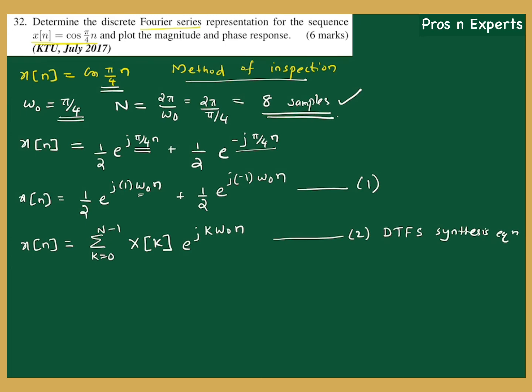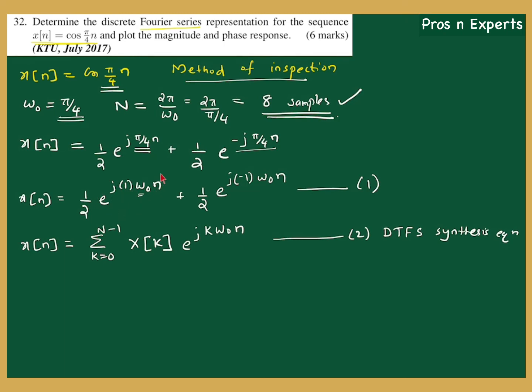Now let us start the inspection. What we mean by inspection is you inspect the RHS of both these signals, because you're getting x of n from the LHS, the same x of n, so the RHS should be equal. So in the RHS of the first equation, what is the signal part?